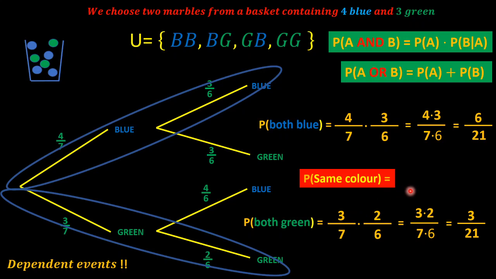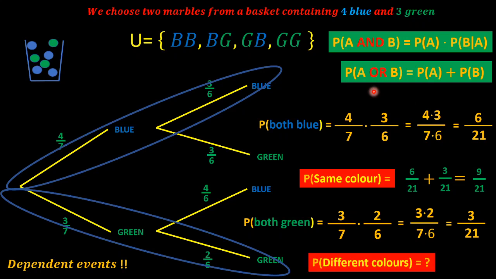So this simply is this plus this, which gives 9 over 21. I haven't simplified the fractions, but you can do that. We always simplify at the end. Now, think about this question and we will see next time.